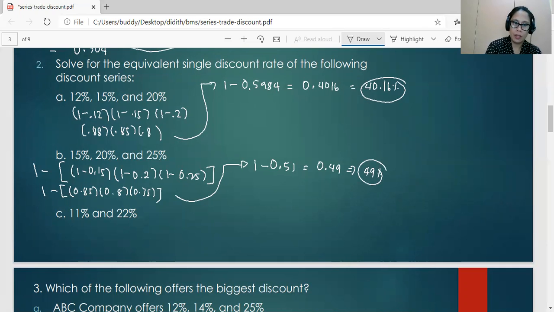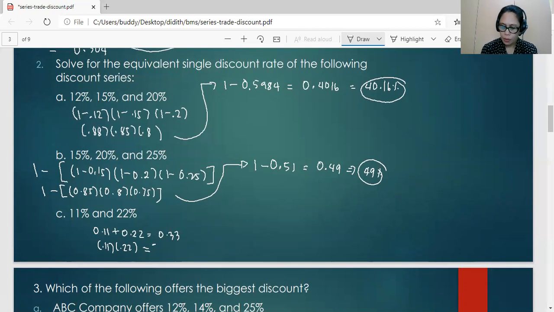Okay, for number 3, I'm sorry, for C, we can make use of the third method. So this is like 0.11 plus 0.22, so we have 0.33. And then we multiply the two, 0.11 by 0.22, and then subtract that from 0.33.